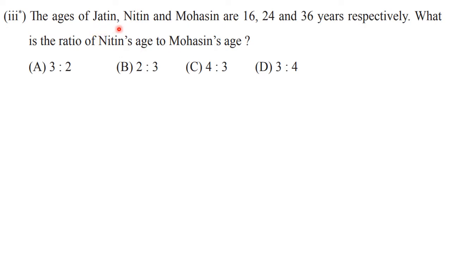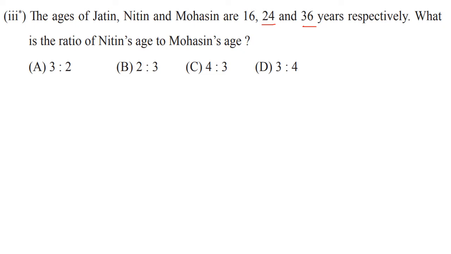That means this information about Jatin's age is only given to confuse you. So try to understand this, that here we are going to consider only Nitin's and Mohsin's ages. That means these numbers 24 and 36. So the ratio of this we need to find out, that is 24 upon 36.